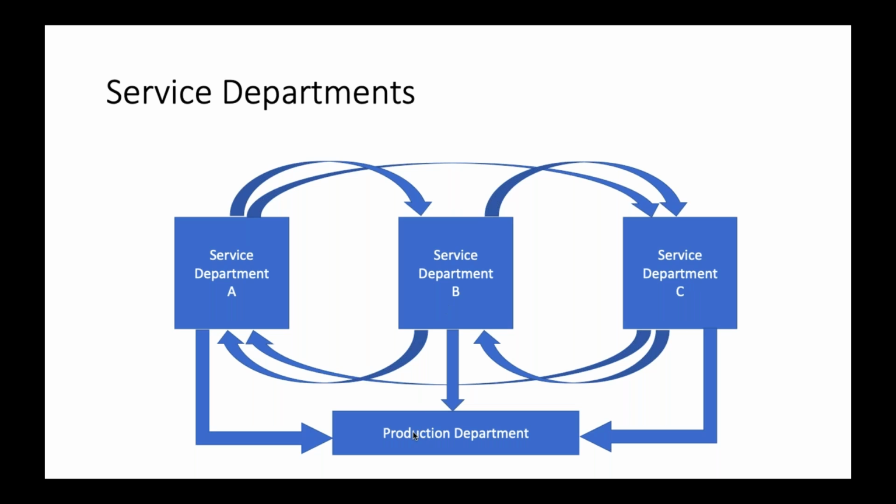So if that is the case, there is a continuous flow of cost between service departments and the terminal allocations of cost to the production department, since the production department does not serve the service departments. So how can we totally allocate the cost between these service departments to the production department?